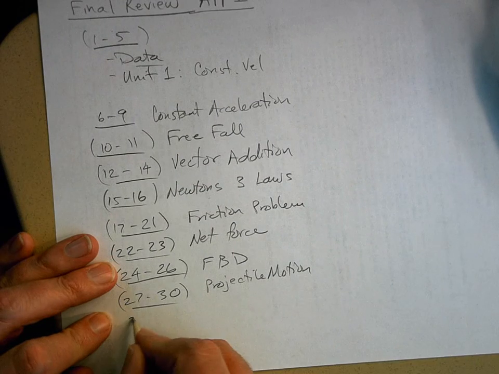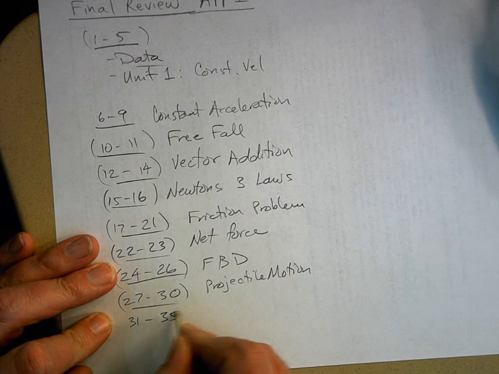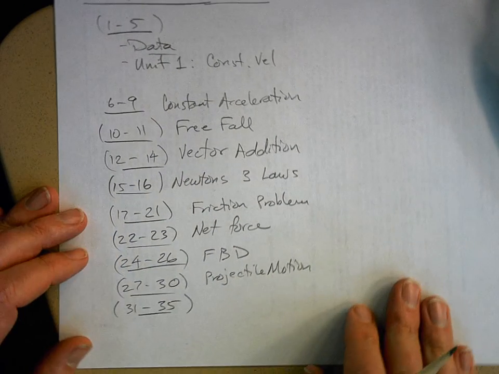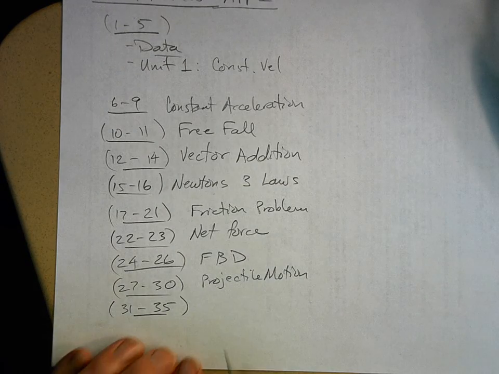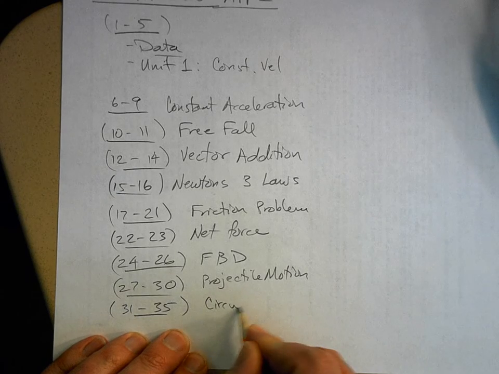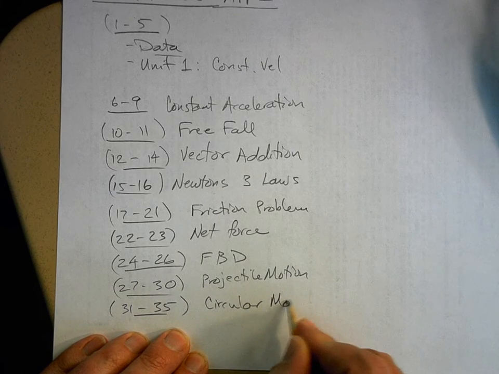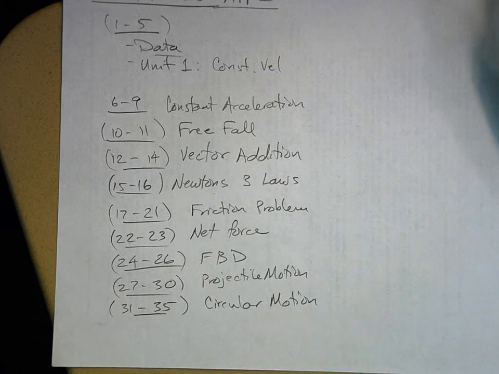And then 31 through 35. This is a circular motion problem. Basically, you've got a car moving in a circle.